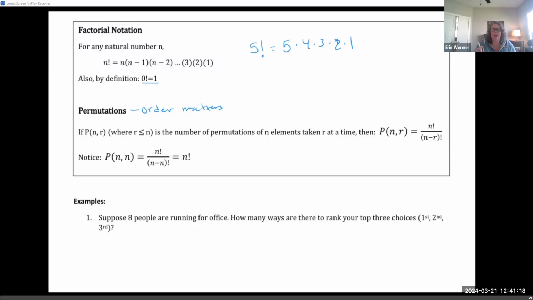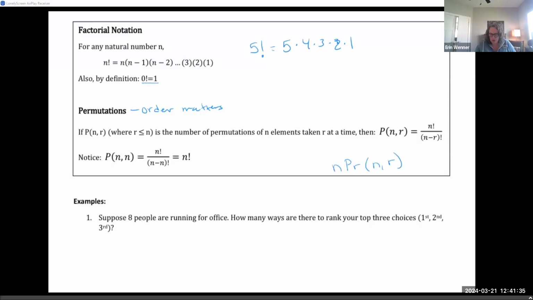If you're doing this in Desmos, you're going to do nPr, and then it would be n comma r. That's how you would calculate that out.